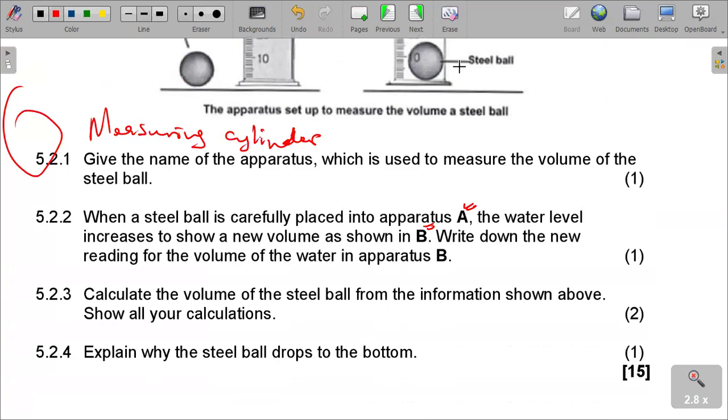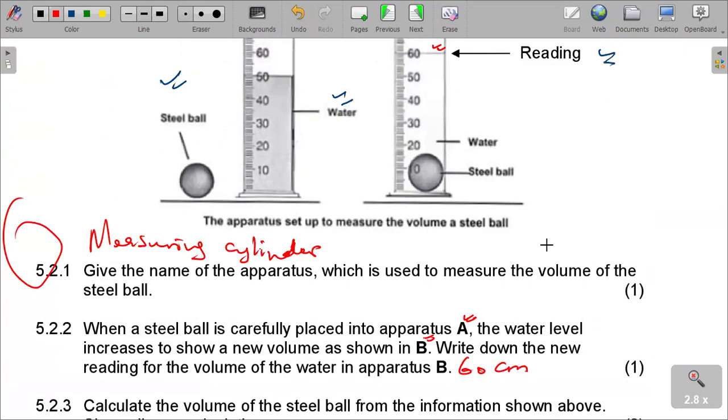So the new volume in apparatus B is 60 centimeters cubed, which is read straight from the measuring cylinder.